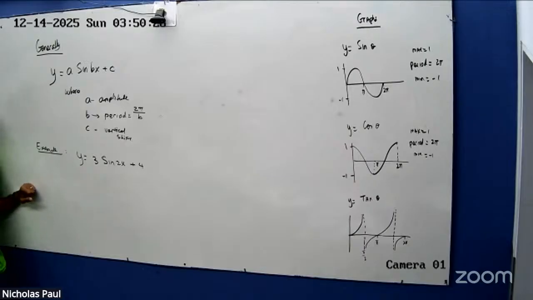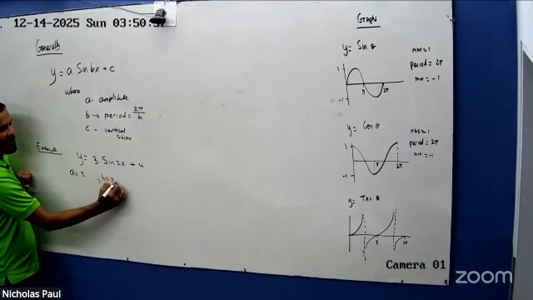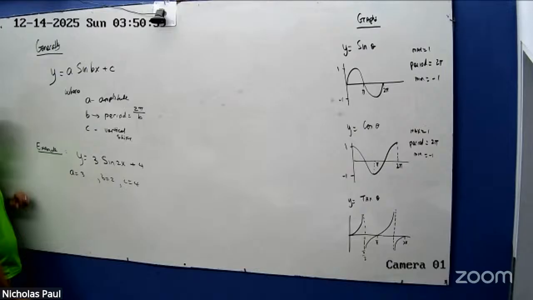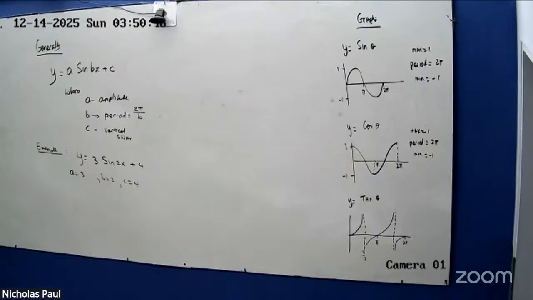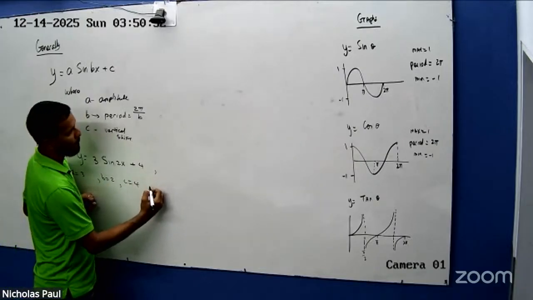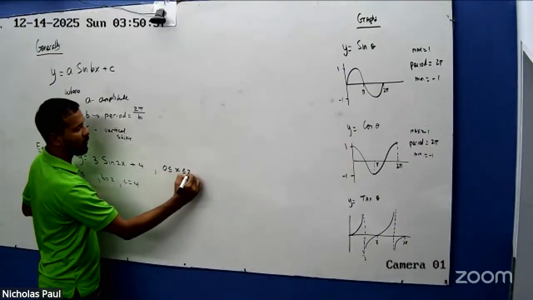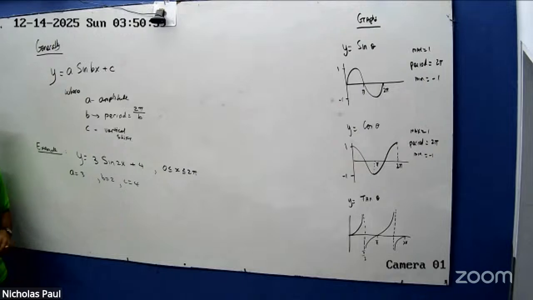Ready? Watch this here. I want to explain all the steps for you. Of course, you can see A is 3, B is 2, and C is 4. I just want to give you an idea of what's going on there. And let's be specific, we want it between 0 and 2 pi.